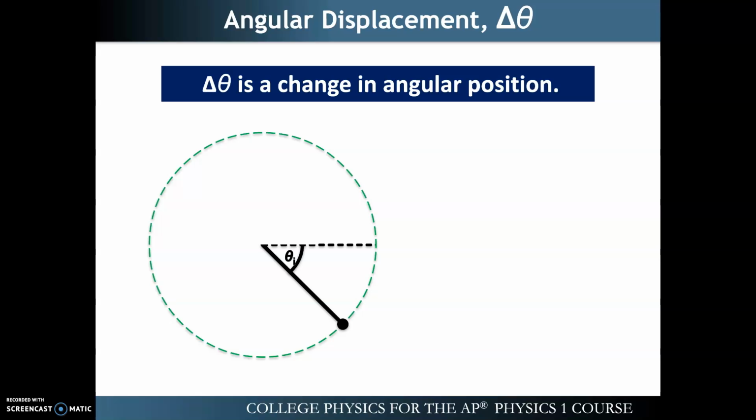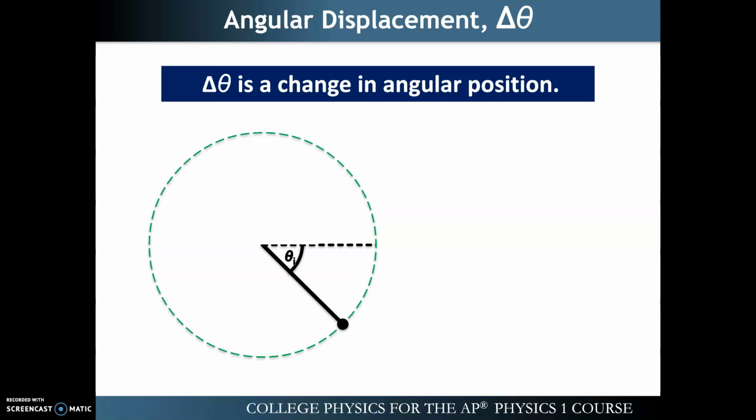For example, it's going to be most convenient to call the initial location and angle location 0.